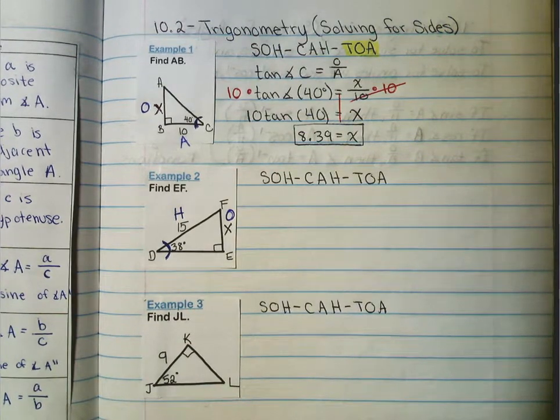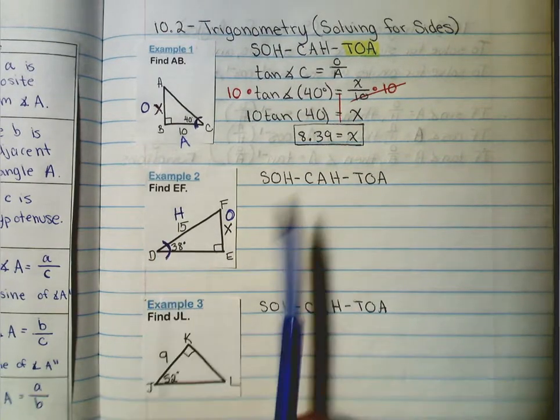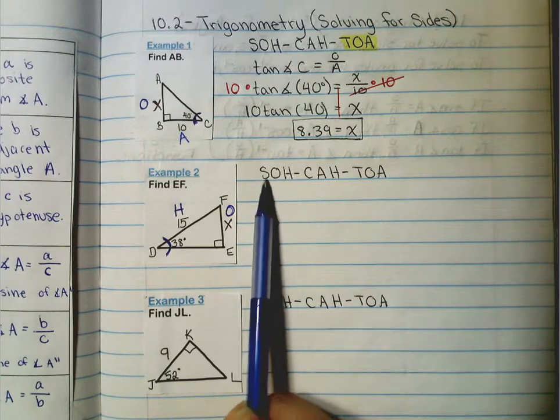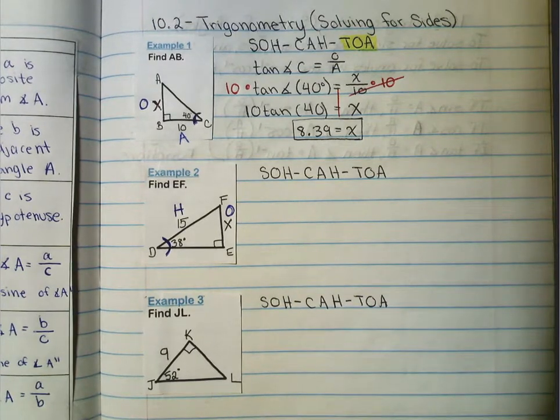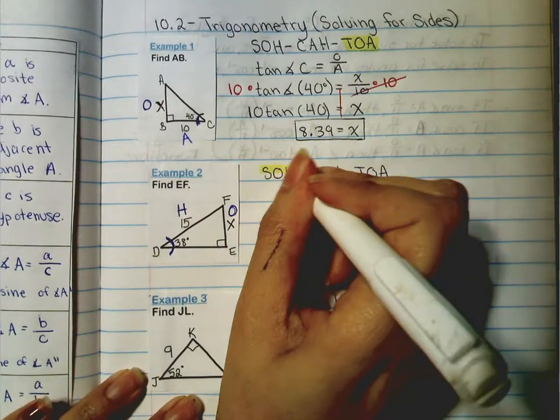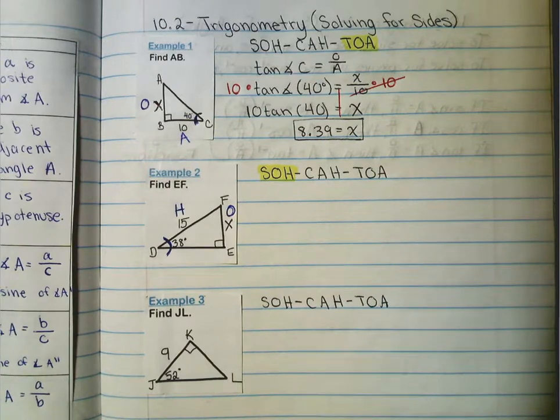Now that I've labeled those two, I can determine which trig function I'm using. I have O and H, and that's the first part. Sine is opposite over hypotenuse, so now I'm using sine. So I'm going to highlight that. For this problem, I need to use sine. I'm going to do the same thing.